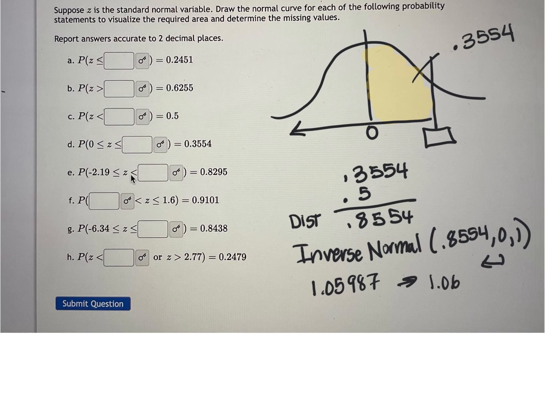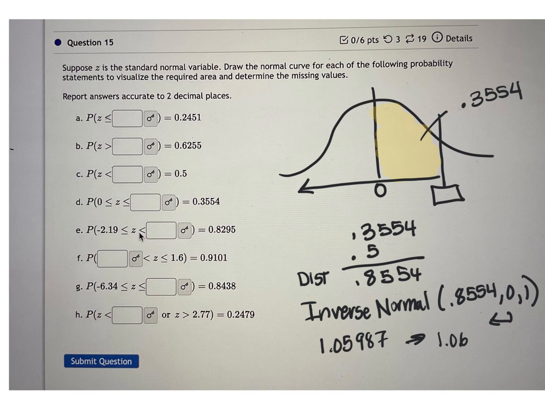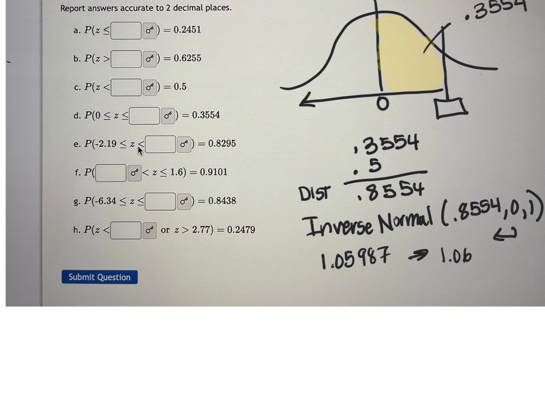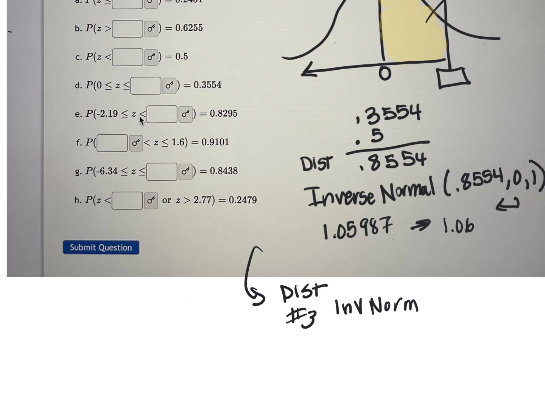Now, I might just want to mention here for a real quick second that in the TI-84 Plus, if I hit distribution and inverse normal, which is number 3, it does have an option that says tail.